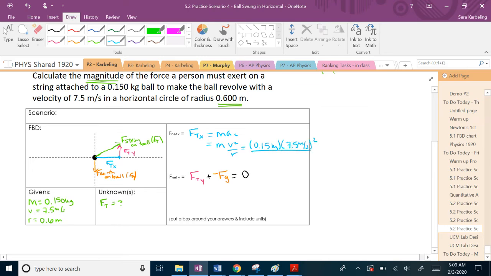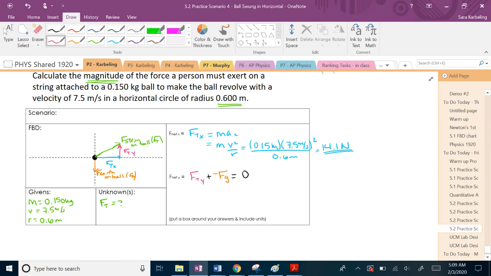Remember to square that value and then divide by 0.6 meters. Okay, so you go ahead and get out your calculator and plug that in as well. When I did that, I got 14.1 newtons. Okay, so that's the force in the x direction that's keeping the ball moving in a circle.